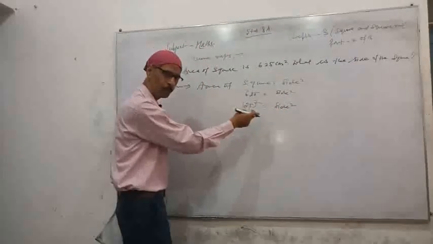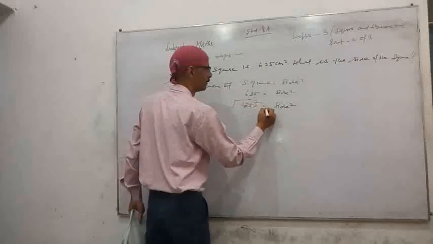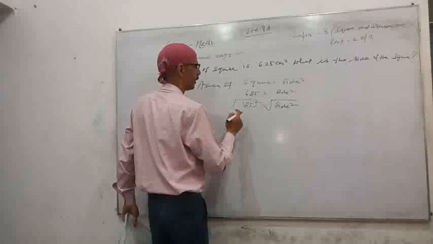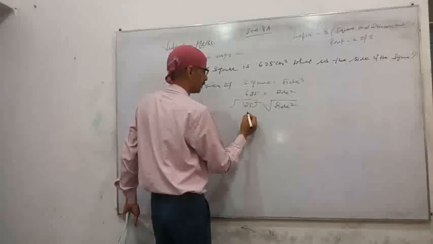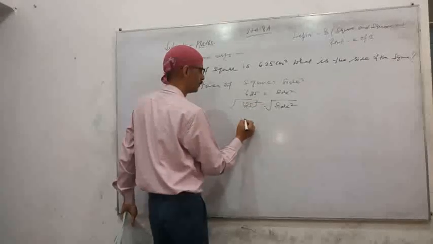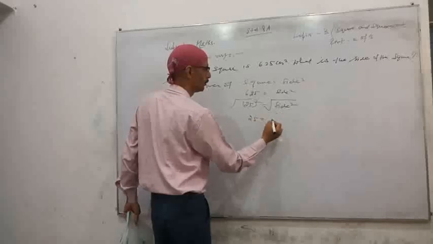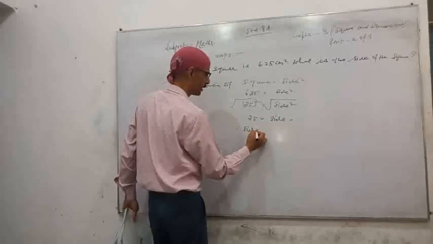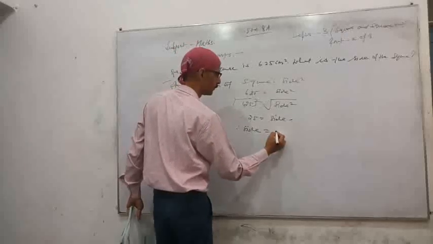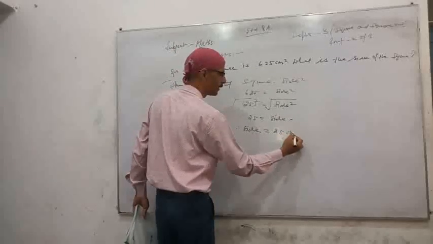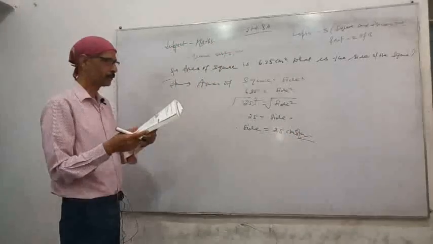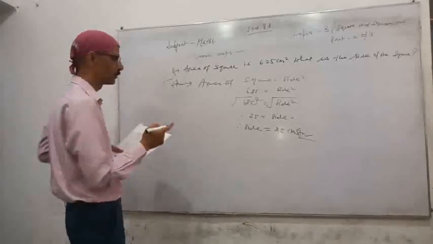Taking the square root on both sides, the square and root are removed. Therefore 25 is equal to side. Therefore the side of the square is equal to 25 centimeter. Answer.